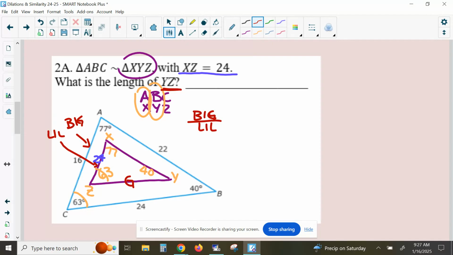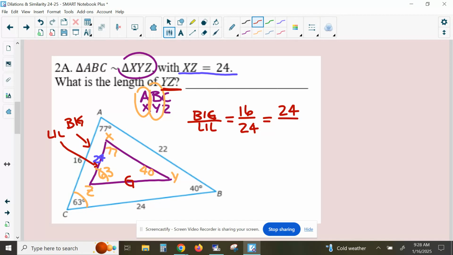Okay, so we need to pick a piece off the big. Someone pick me a side off the big. 16. Is 16 a side off the big? Sure. Who's the matching side on the little? 24. Equals. Okay. Pick another side on the big. 24. Over the matching side on the little.